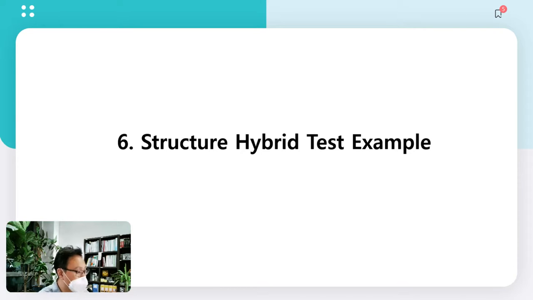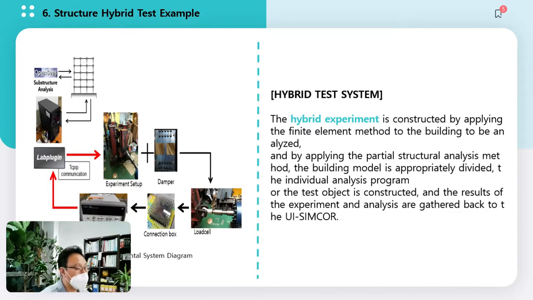Chapter 6, Structure Hybrid Test Example. Hybrid experiments are constructed by applying the finite element method to the building to be analyzed, and the substructure analysis method is applied to properly segment building models.